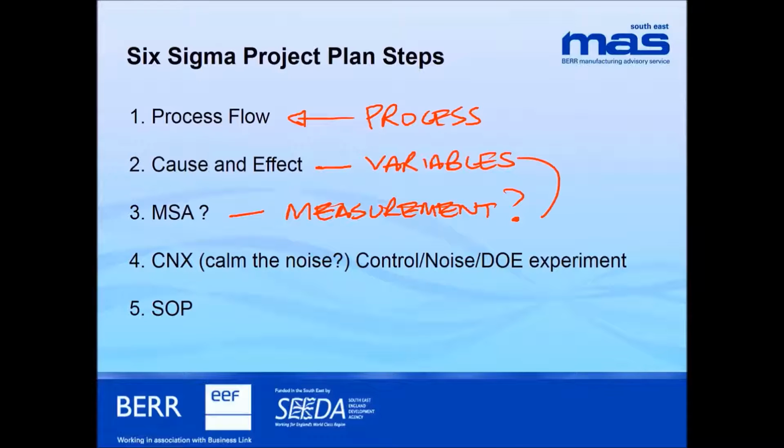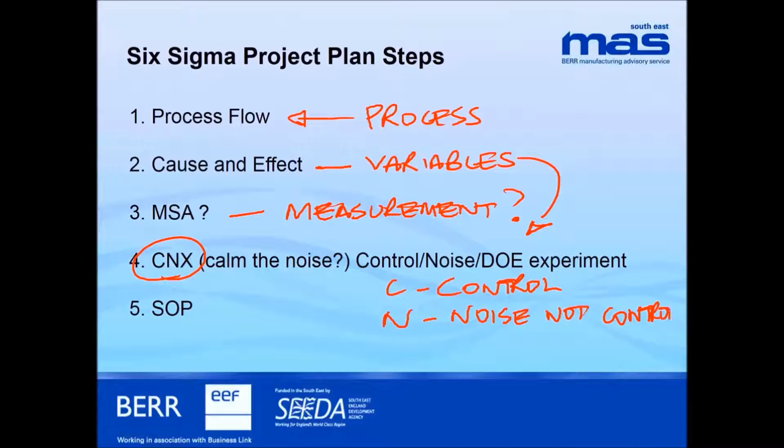Once we've found the variables, we are going to identify them with a C, an N, or an X. C means they are under control. That would be good. N means they are noise or not controlled. Typically a bad thing.